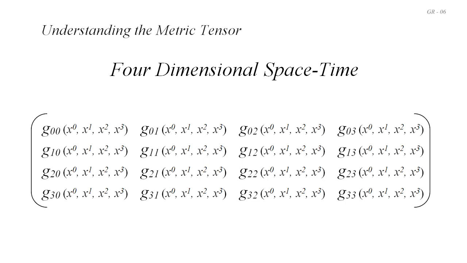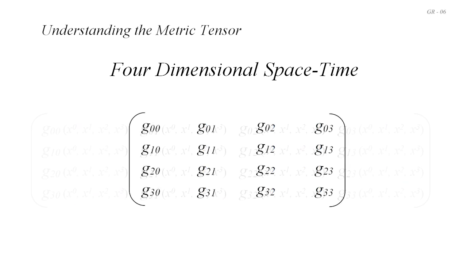However, the same idea will apply. Homing in on a single point or event in space-time means that we will simply have 16 numbers, or rather 10 independent numbers, for that point.